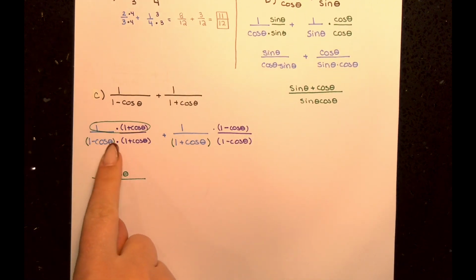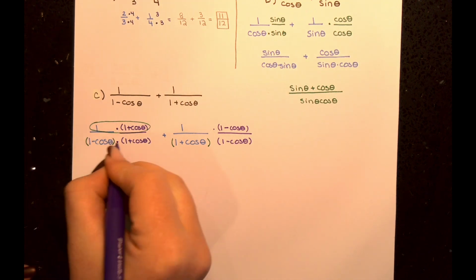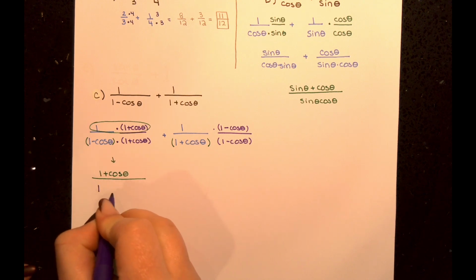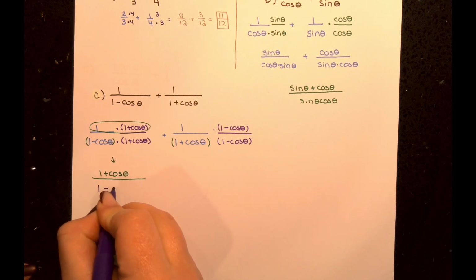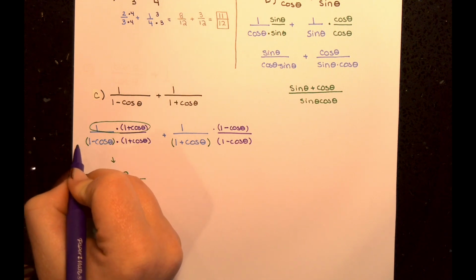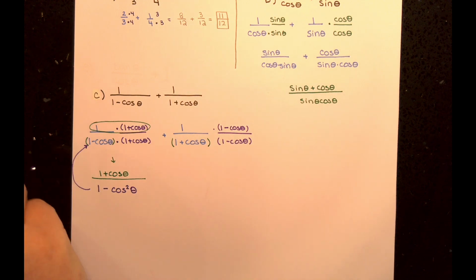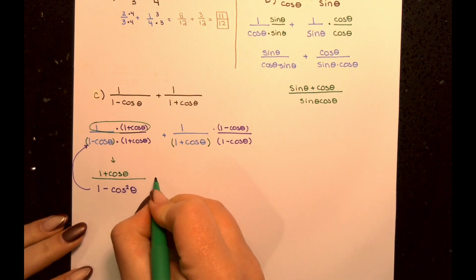We have the difference of squares. So that means a squared minus b squared. A is 1, a squared is 1. Then we have minus cosine squared of theta. So this comes from here. I am adding because we have addition.